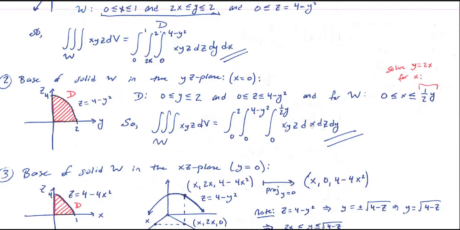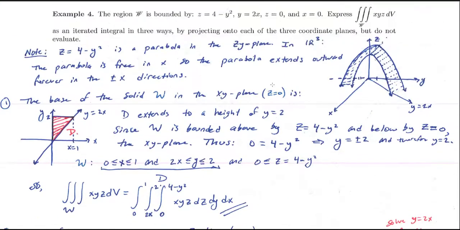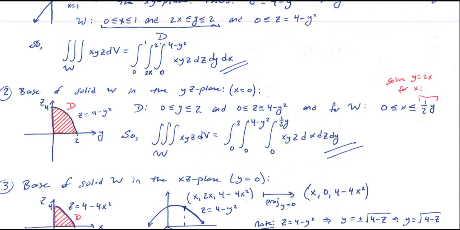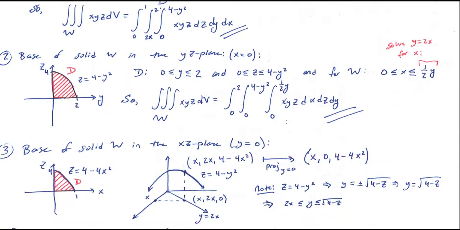Here's dx, so this is an x integral, so we have x equals 0. And then the bigger surface was y equals 2x. But since this is a dx integral, we need to solve this for x. So we take the equation of the plane and solve that for x. And we exactly get 1/2 y, so that checks out.